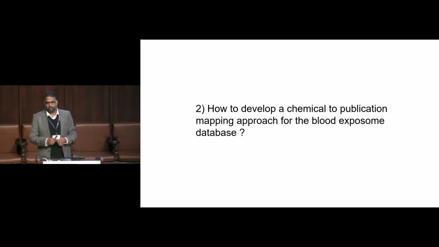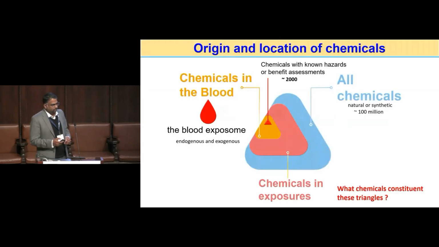So this goes to how I use that chemical-to-publication mapping to develop the blood exposome database. When we talk about chemicals, origin and location are important. If you look at these 4 triangles, the outer one is all known chemicals, about 100 million of them. In the red triangle, chemicals in exposure, we don't know the estimate of how many chemicals we actually have in our exposures.